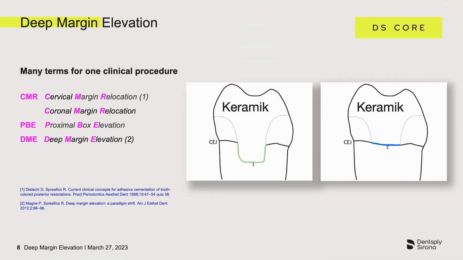When considering this clinical procedure, it is noticeable that different terms exist in the literature for one and the same clinical procedure. For example, some authors talk about cervical margin relocation, CMR, or coronal margin relocation, also CMR.